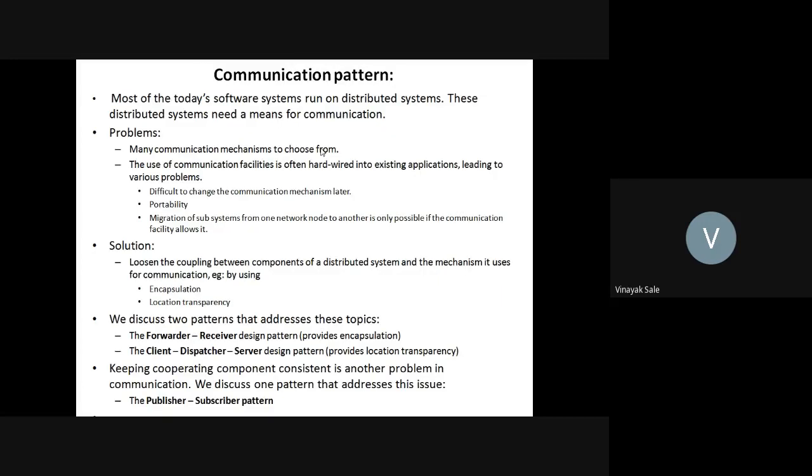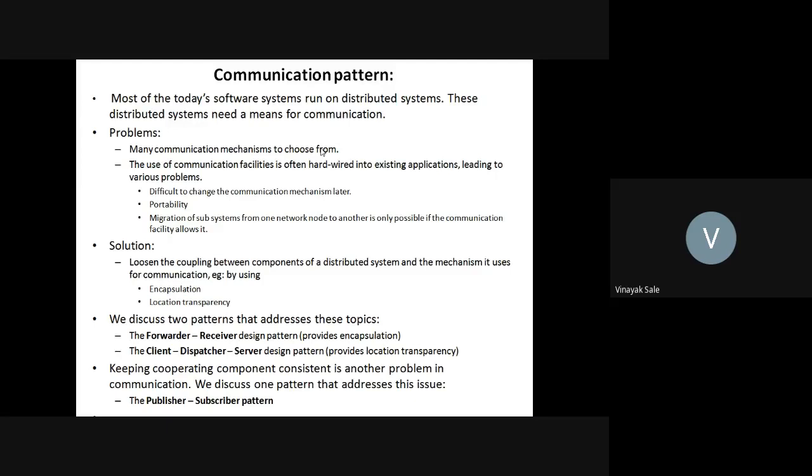So we'll study the patterns one by one. First is the communication pattern. Most of today's software systems run on distributed systems. These distributed systems need a means for communication. So what is the problem? Many communication mechanisms to select from.